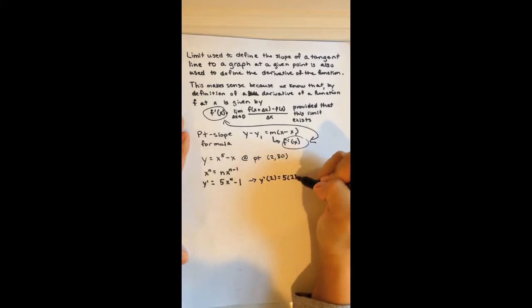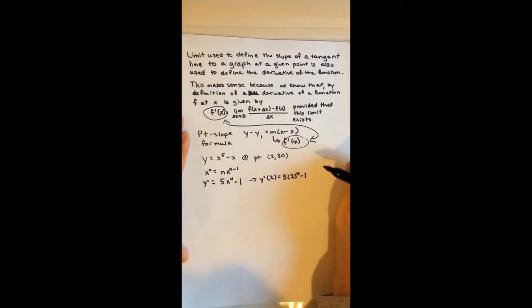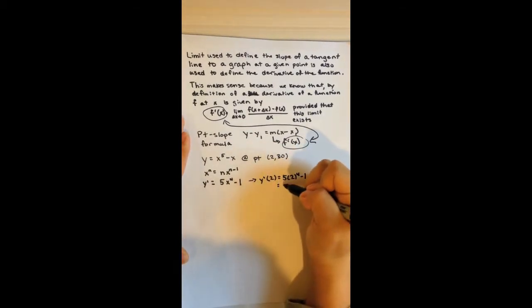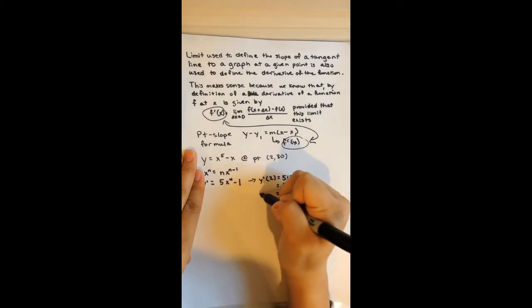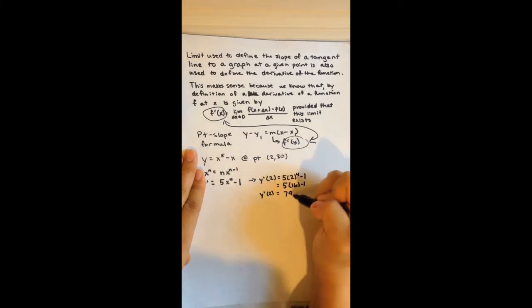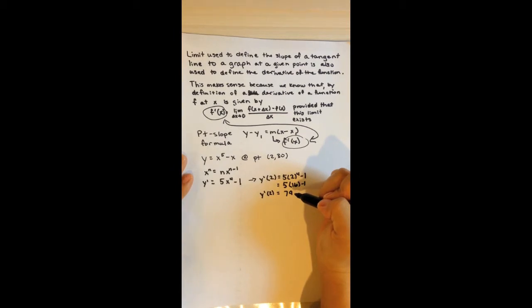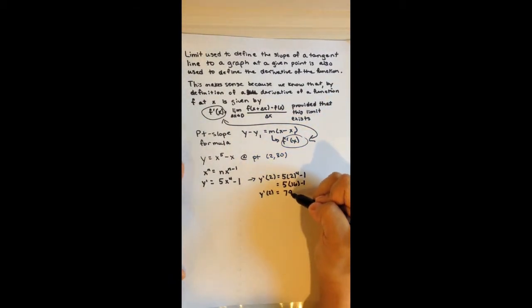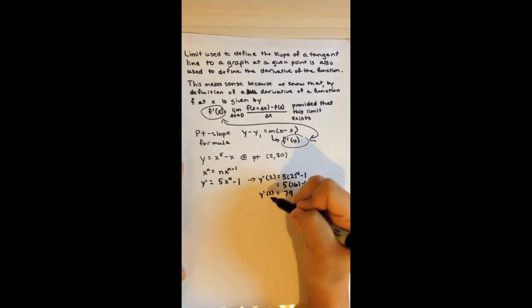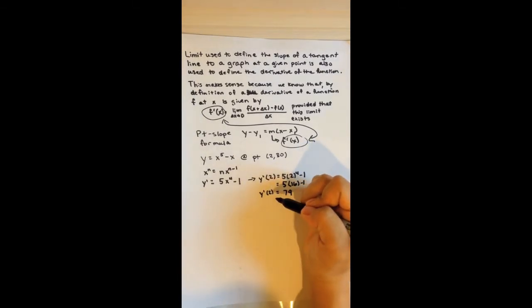When we solve it out, you get something like this. And when you do it out, we find that y prime of 2 is equal to 79. And this is our slope that we get to plug into our original point slope formula. This is also the slope of this tangent line at this point when x is equal to 2.